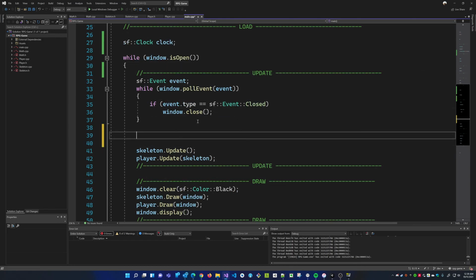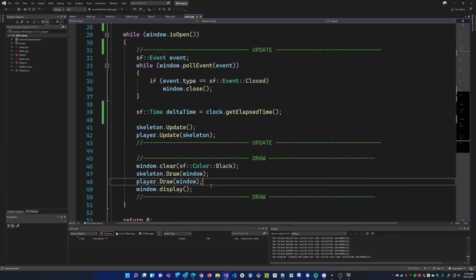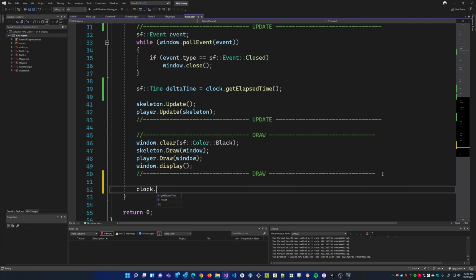Okay, so I'm going to start this here. I'm going to ignore my event loop. So I'm going to say sf::Time, and call this deltaTime equal to clock.getElapsedTime. So this just measures my elapsed time, and then I need to restart my clock. My clock has to be restarted at the end of my frame, which is here, .restart.